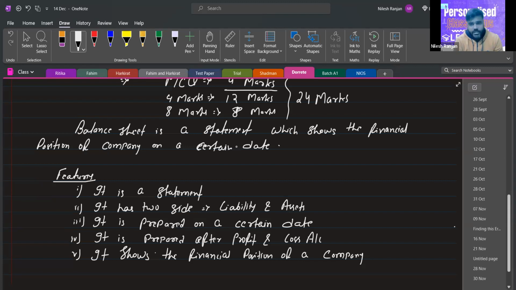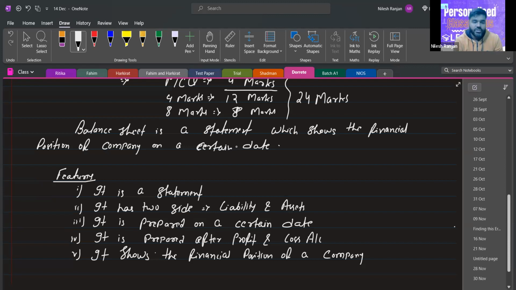In financial statements, first of all, we prepare the trading account, then the profit and loss account, and after that, the balance sheet. After preparation of the profit and loss account, we find out the net profit or net loss, and it is transferred to the balance sheet. That's why we say that a balance sheet is prepared after profit and loss.